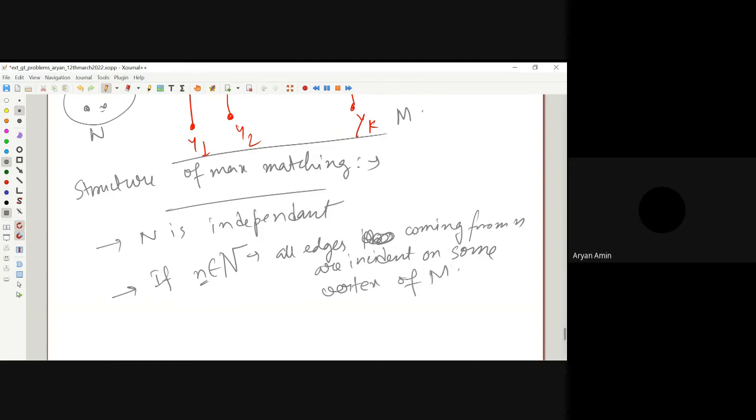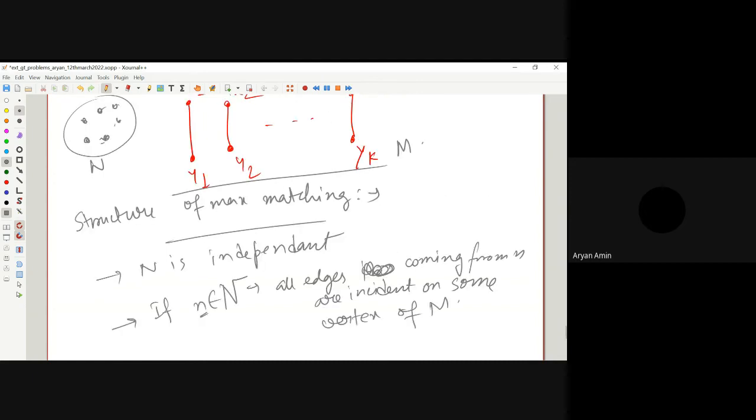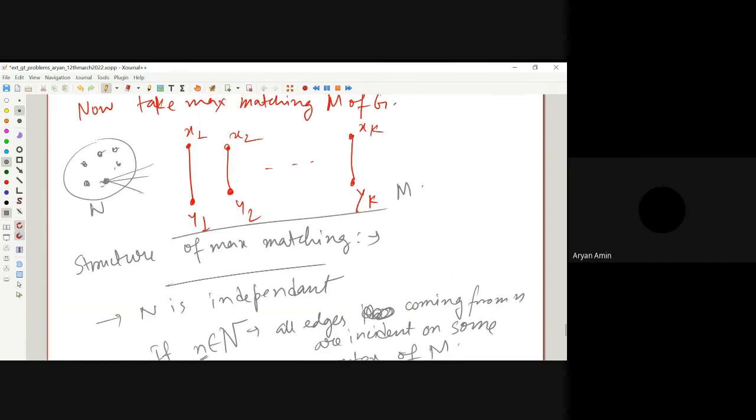Do you understand this? Suppose you have an n here. You cannot have edges from n to some other vertex in this set, so it has to be a neighbor of some vertex of the maximal matching. By adjacent I mean that an edge is adjacent to u if u is one of its endpoints; u adjacent to v means uv is an edge for some v.